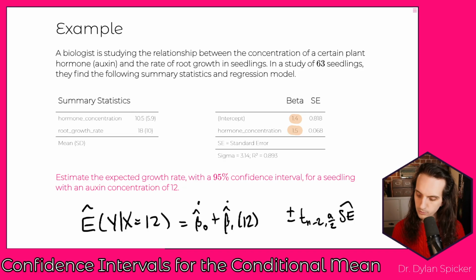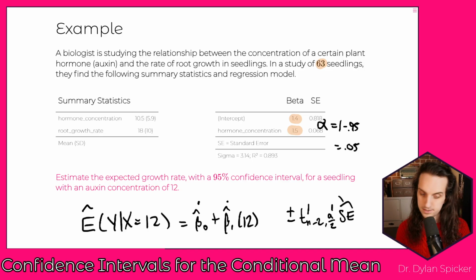We have our 12. We're told directly that n is 63, so that's fine. For alpha, we know this is a 95% confidence interval, and remember that alpha is always 1 minus our confidence level, so alpha is 0.05.